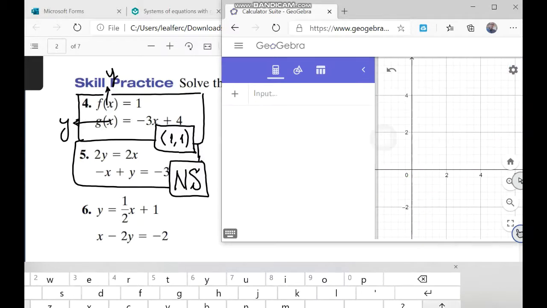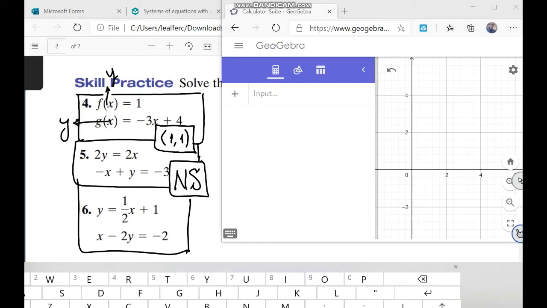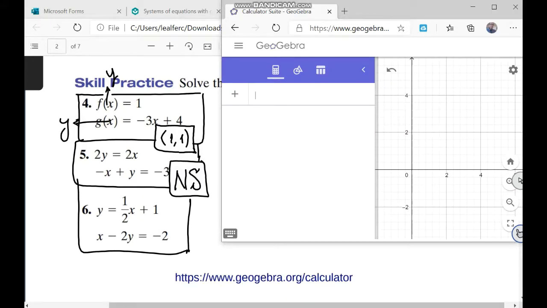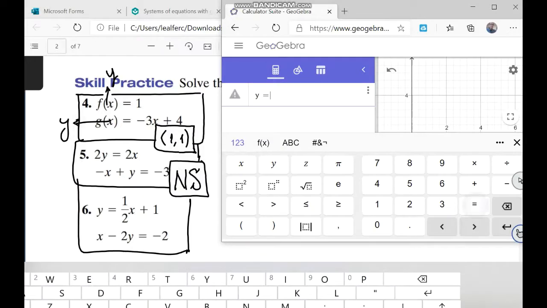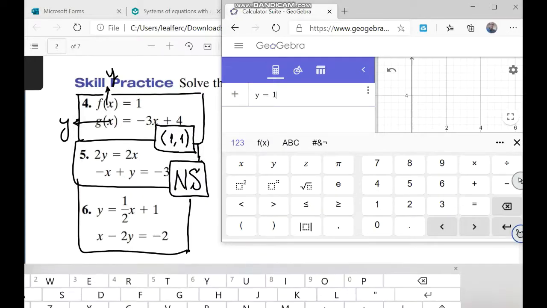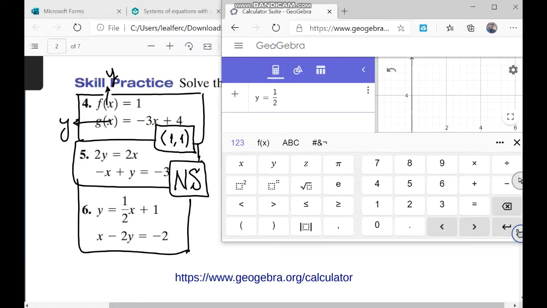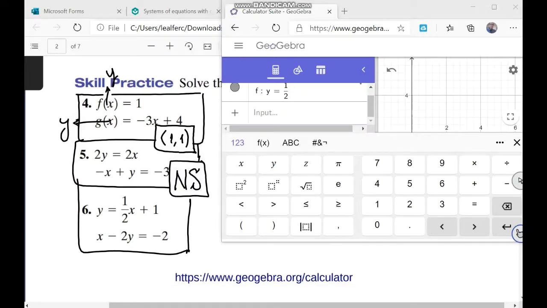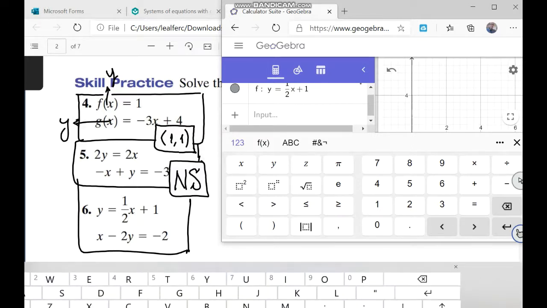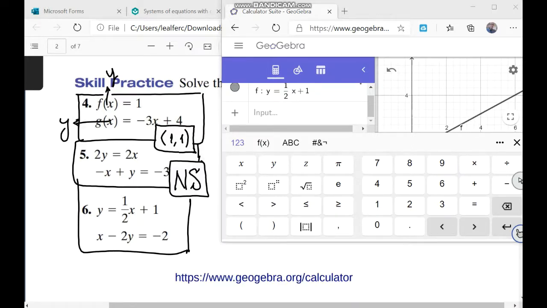And the third possible case, we have here an example. Let's type y equals 1 over 2 times x plus 1, and enter. And the next equation is x minus 2y equals -2.